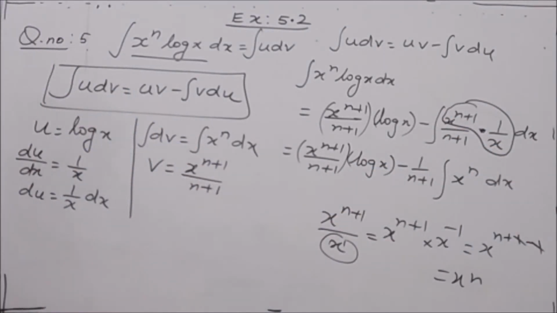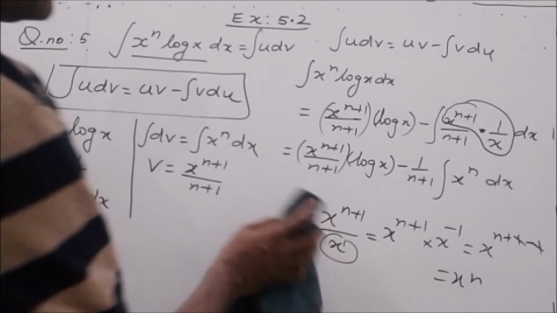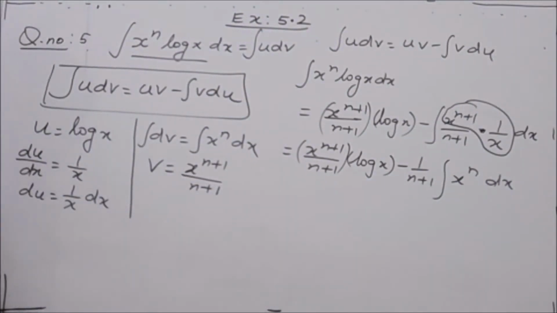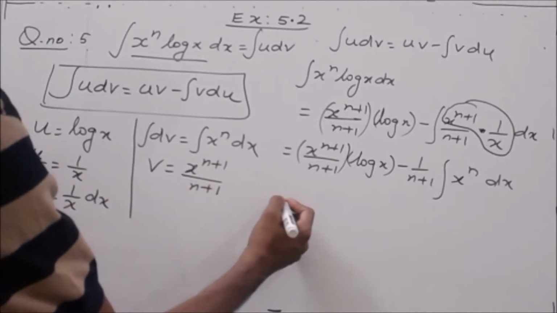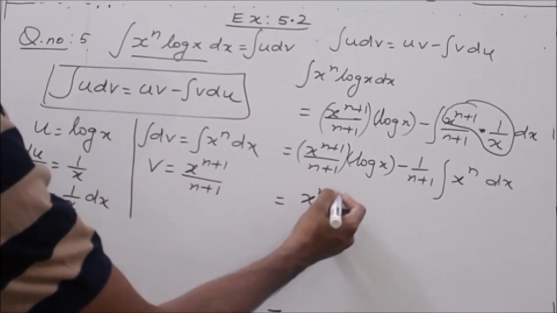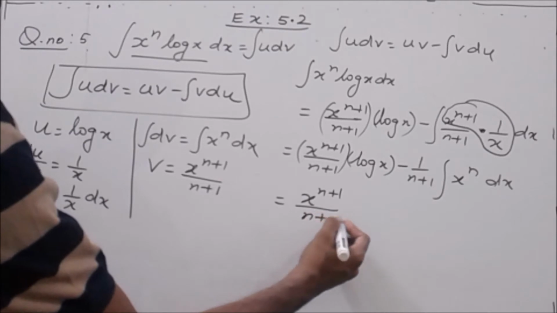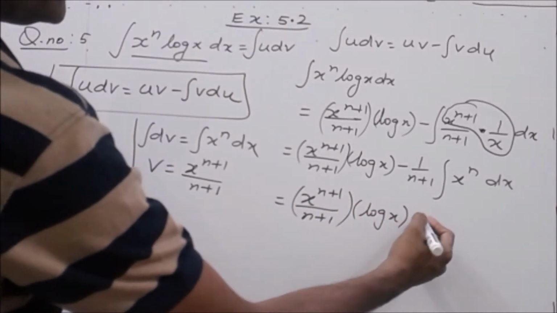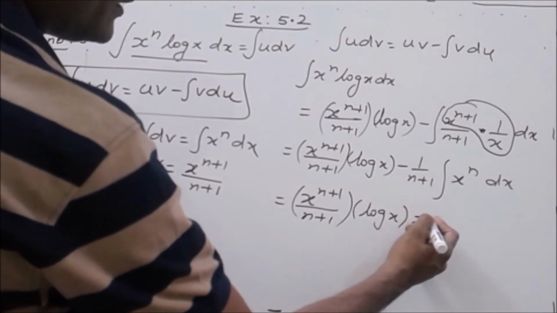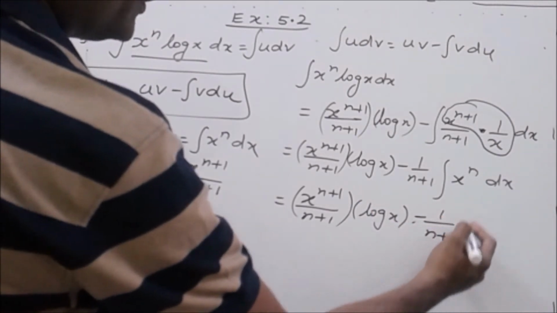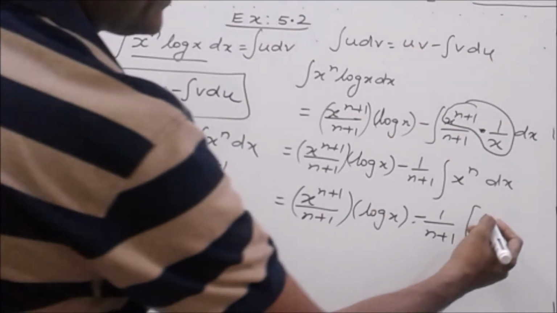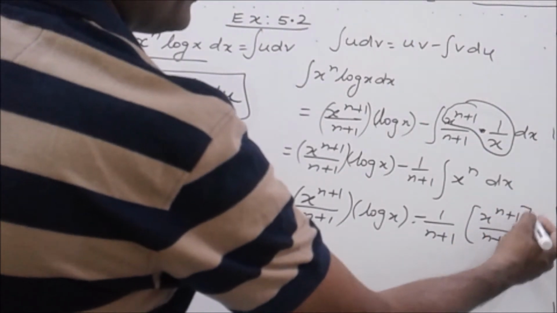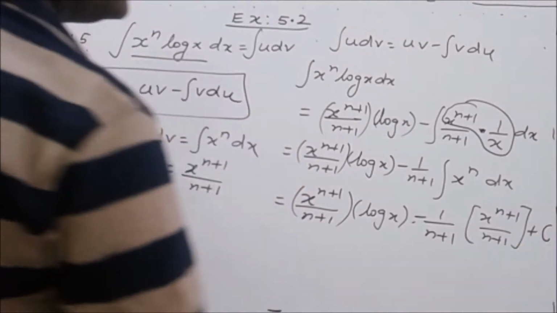Now integrating, the formula to integrate x^n is the first formula we have learnt in exercise 2.1, that is x^(n+1) divided by n+1 into log x minus 1 by n+1 into integral of x^n, which is again x^(n+1) divided by n+1, plus the constant of integration c.